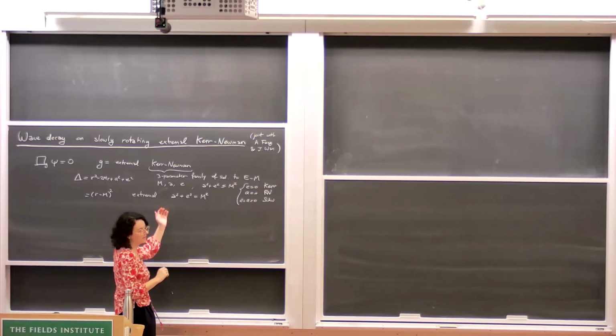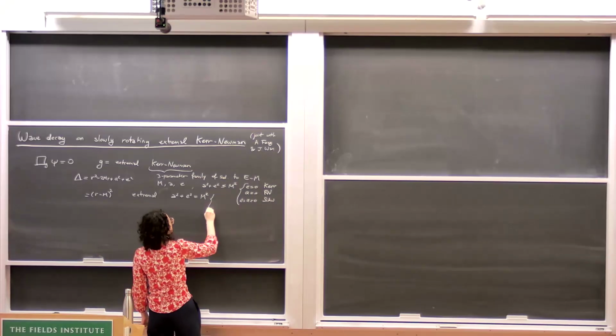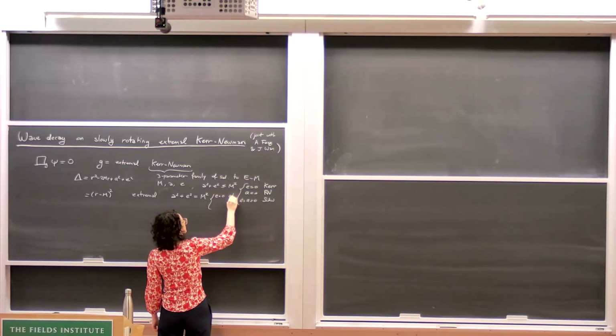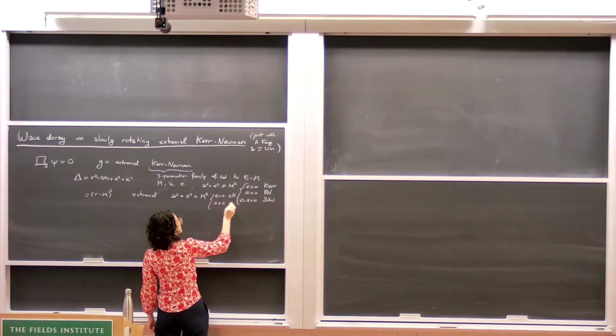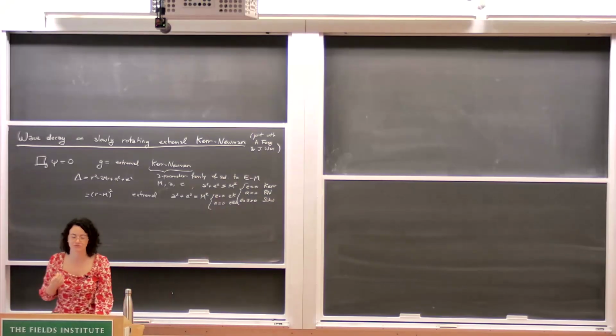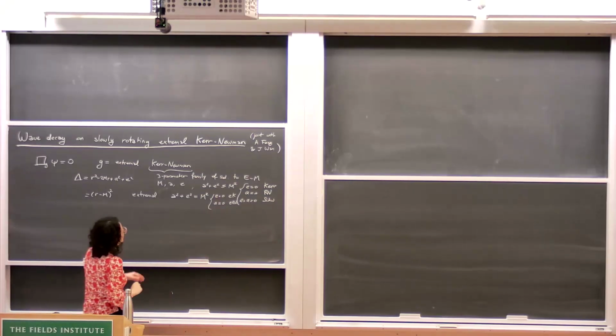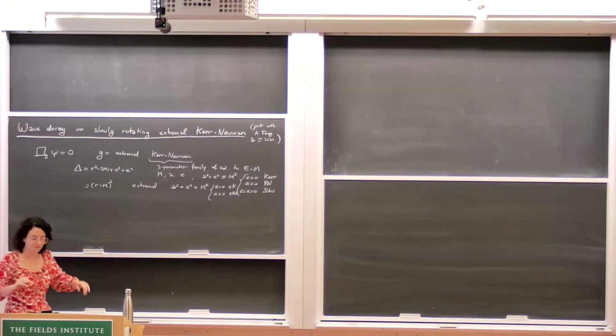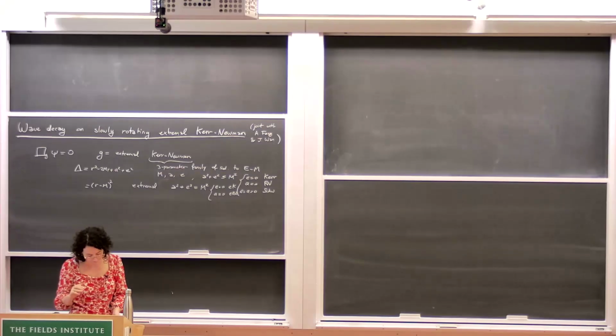And of course, similarly in the extremal case: if E is equal to 0, you pick up extremal Kerr. If A is equal to 0, you pick up extremal Reissner-Nordström. Of course, there is no extremal Schwarzschild. So this is the general picture of the Kerr-Newman family.